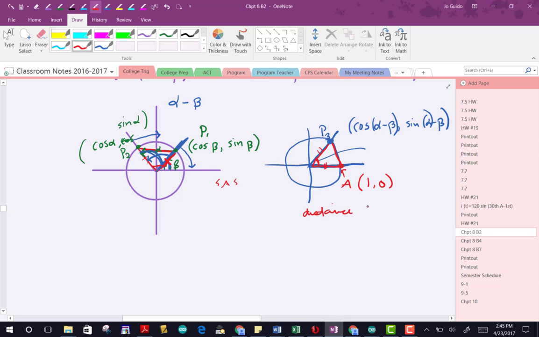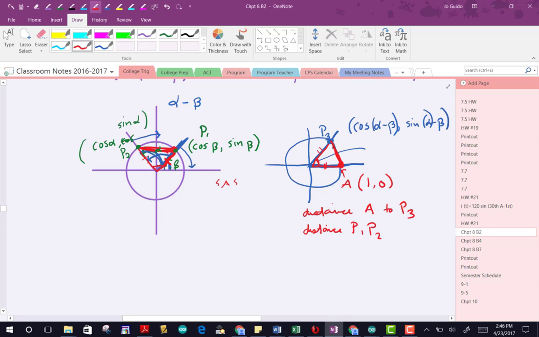Because these are the same triangle, this is going to be equal to the distance from P1 to P2. So in our first triangle, the distance from here to here is going to be equal to the distance from here to here. So we're going to use the distance formula and set those two things equal to each other.